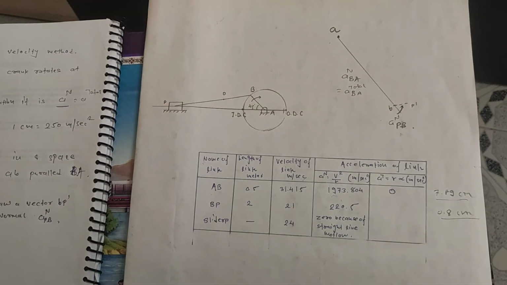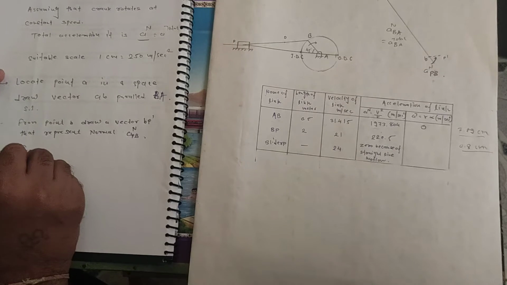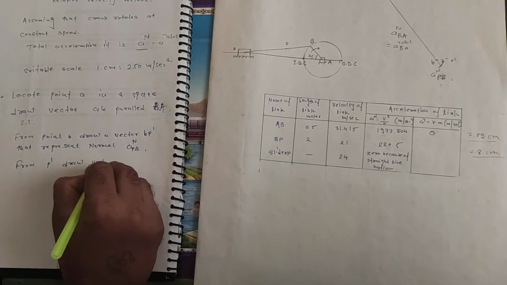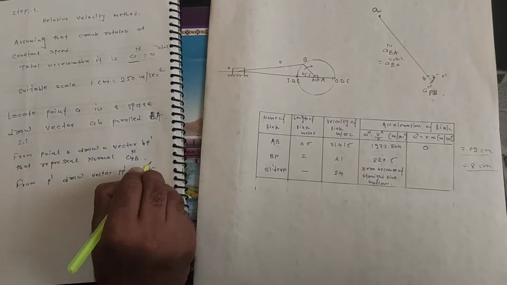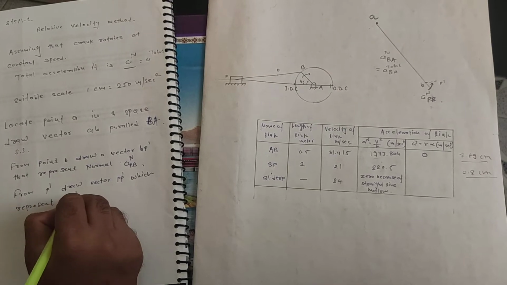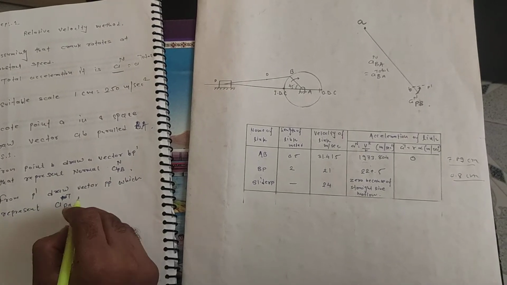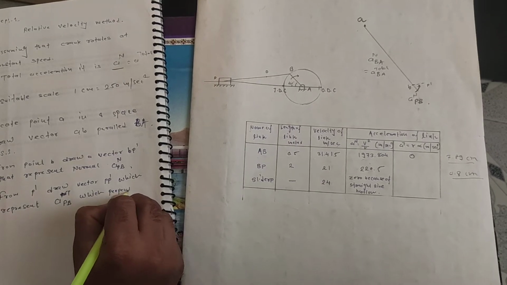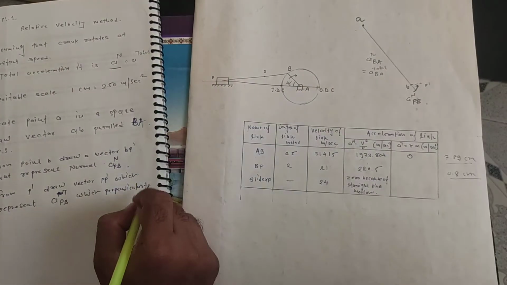Now from point P dash, draw a vector PP dash which represents, sorry, not normal but the tangential component of PB, which is perpendicular to this line BP.